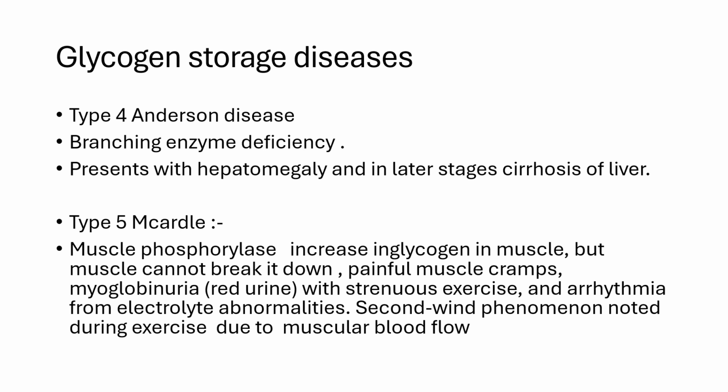Actually, the glycogen is formed from glucose. Glucose is attached to the glycogen via two bonds, alpha 1-4 and alpha 1-6.